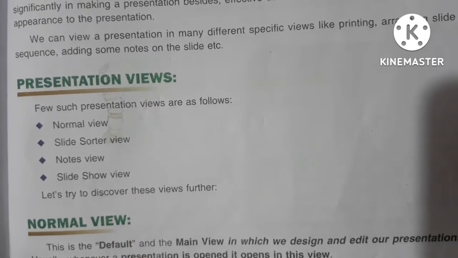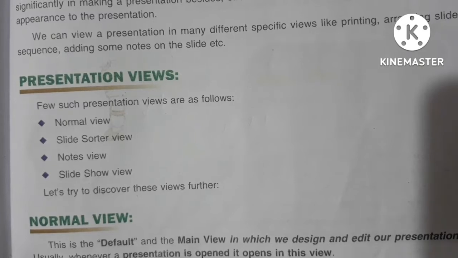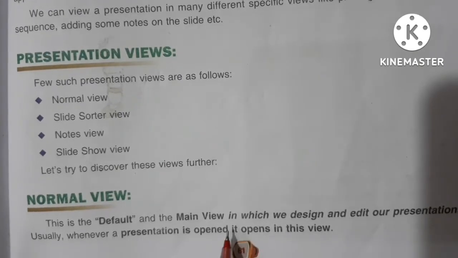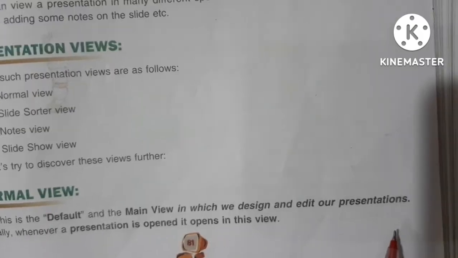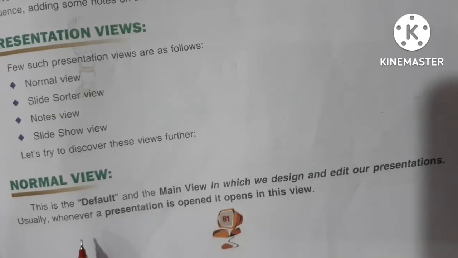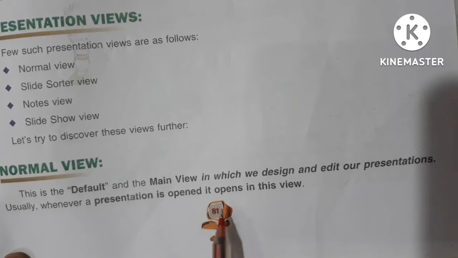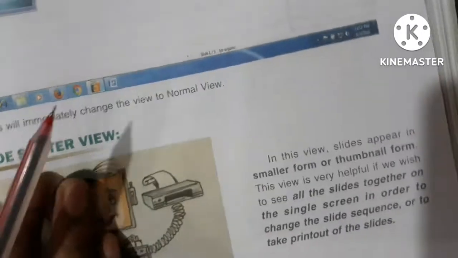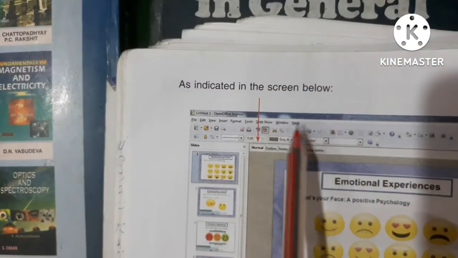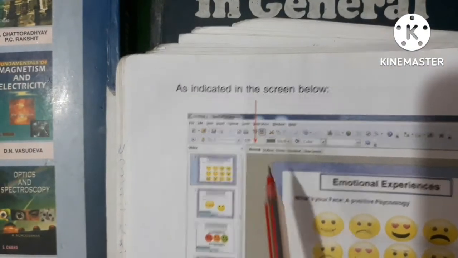We'll discuss them one by one. Normal view. This is the default and the main view in which we design and edit our presentations. Usually, whenever a presentation is opened, it opens in this view, as indicated in the screen below.